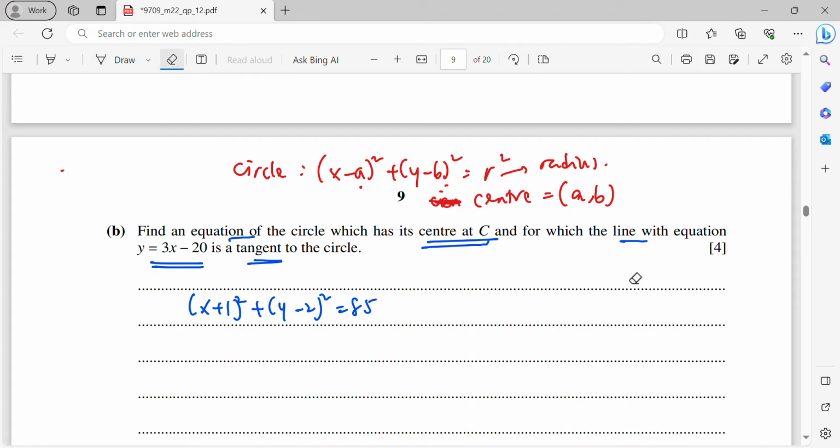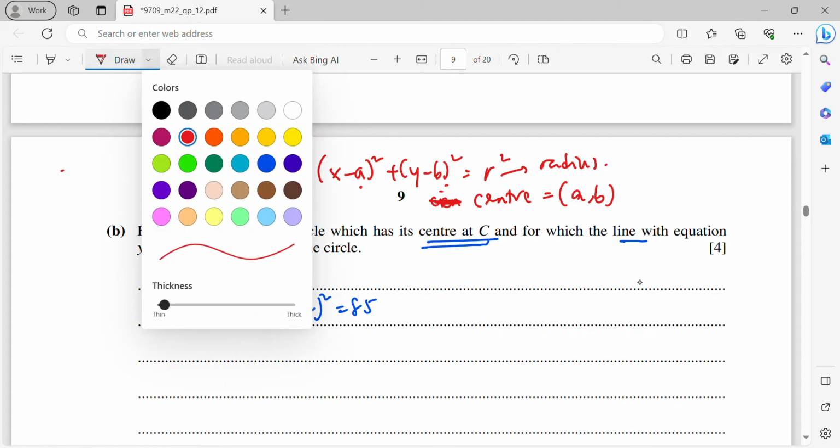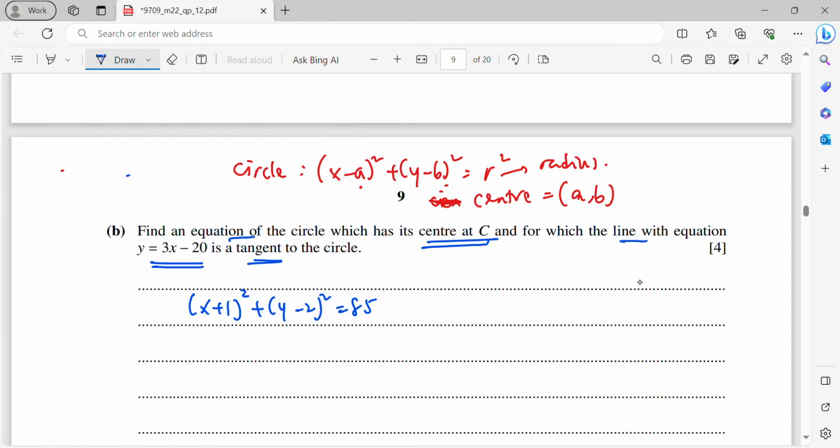Alright, so now I need to get the similar form, which means here it will be x minus 1 squared plus y minus 2 squared equals to 85. That means now here, my center, which is a C, is with coordinates minus 1 and 2, based on this general formula.